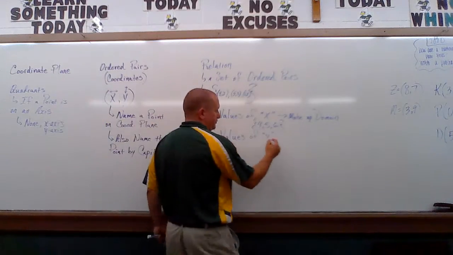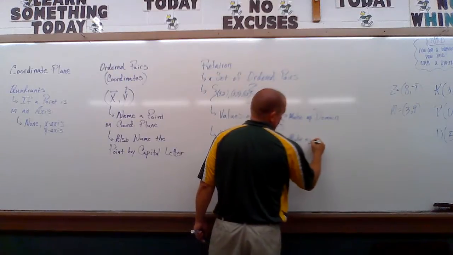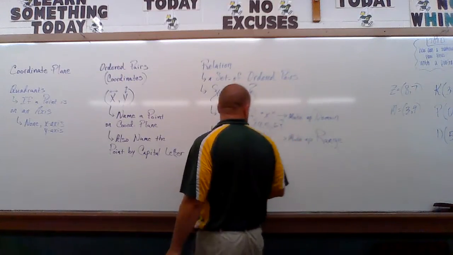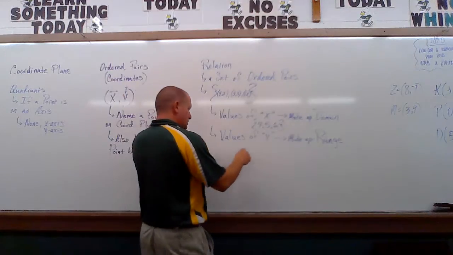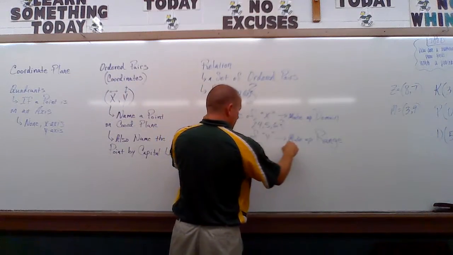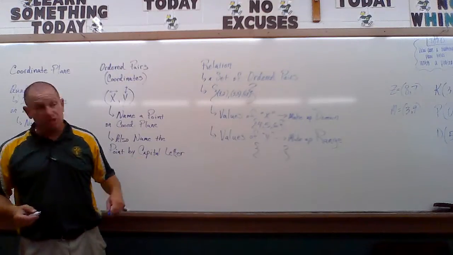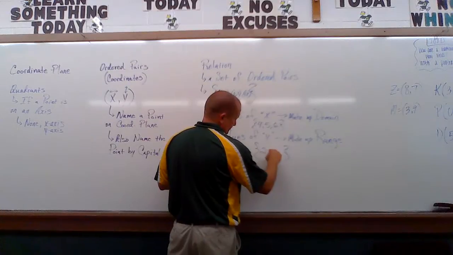No idea? So the y's make up the range. The y's make up the range. And again, I'm going to write this as a set. So what is my range for this particular case? 2, 3, 4. 2, 3, 4.